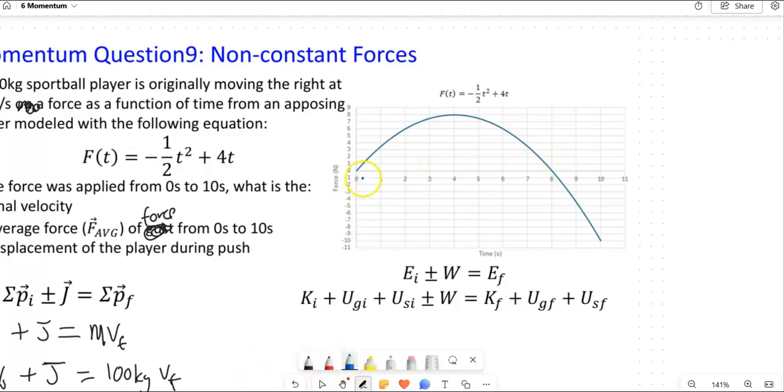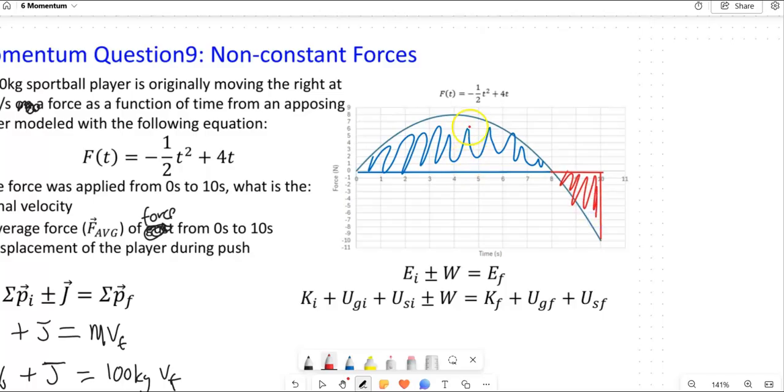You have this initial part, which starts out above that line right here. So this is the initial part, but then it drops below that line and this area is subtracting from that top area.